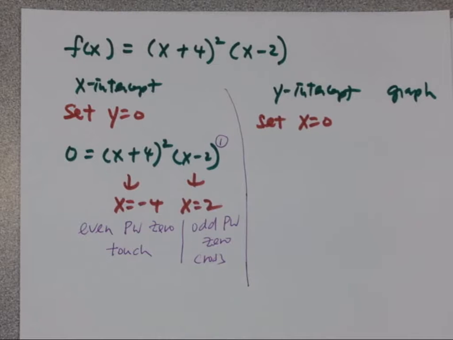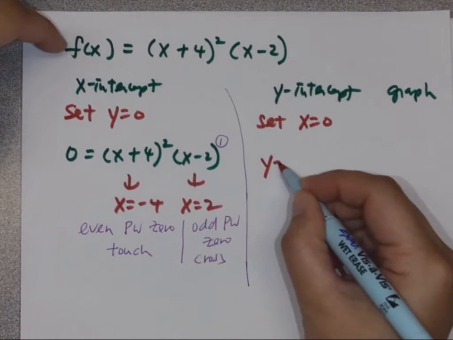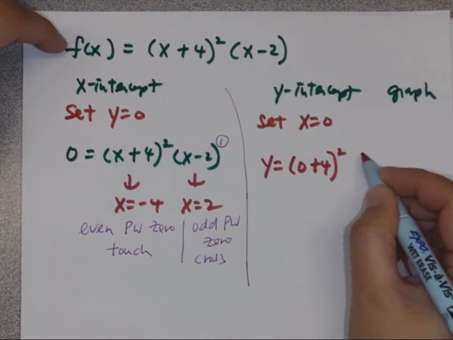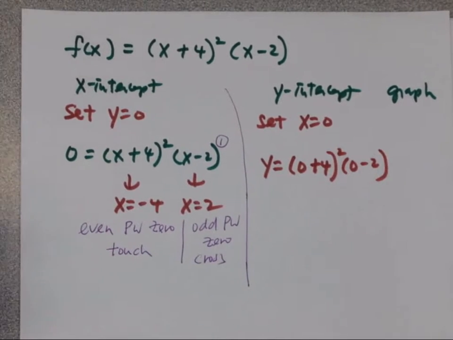Okay, for y-intercept, we set x equal to 0. So y equal to (0 plus 4) squared times (0 minus 2), right? So we plug in the 0 there.